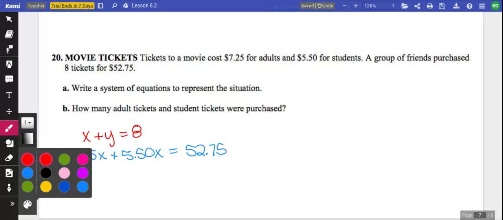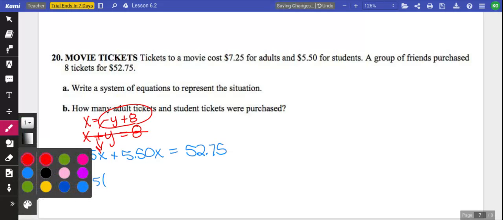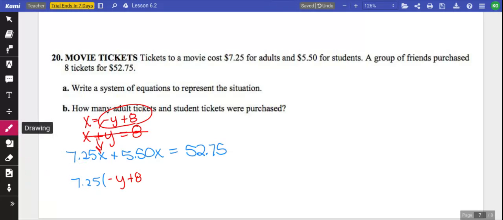So I'm going to rewrite this first equation by subtracting y to each side. So x equals negative y plus 8 so that I can circle and sub. So my second equation is going to be 7.25, instead of x, I'm going to have negative y plus 8, plus 5.50y equals 52.75.